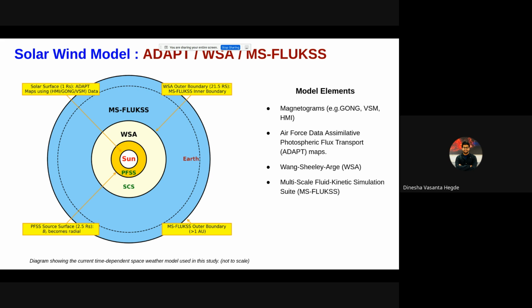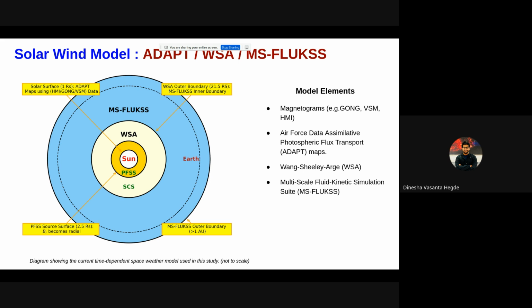As I mentioned earlier, it's a modular approach to model the solar wind, starting with the flux transport model called ADAPT. At the solar surface, based on HMI magnetogram data assimilation, I start with the photospheric boundary conditions. Then the WSA model, which involves the PFSS and PFCS models for the magnetic field extrapolation, and then the empirical formula for the velocity, up to 21.5 solar radii.